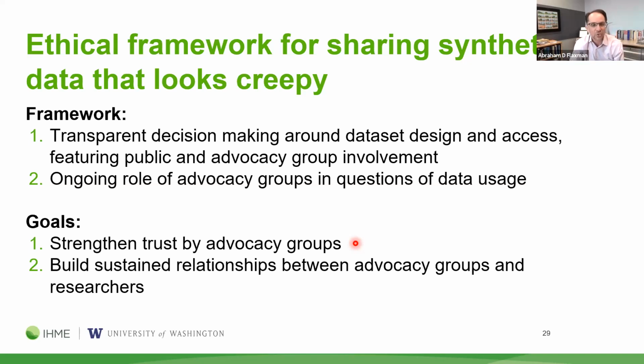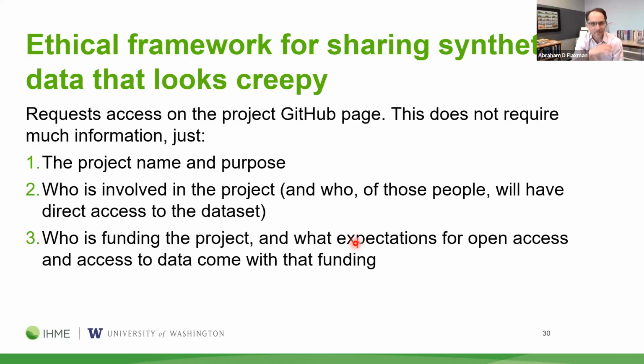There's a whole story to be told about this, but it's really better for us to be the one to tell it. You should book them if you think this is something that would be fun to dive into in the future. In practice, what this looks like is if you want 10,000 rows of data, pip install pseudopeople, you got it. If you want 10 million rows of data, request access on the project GitHub page.